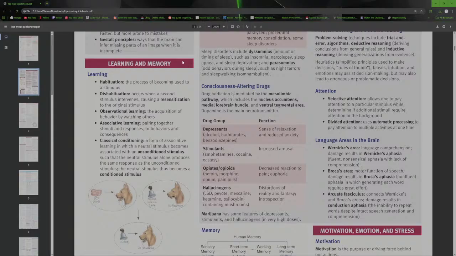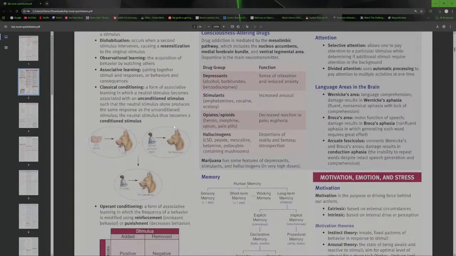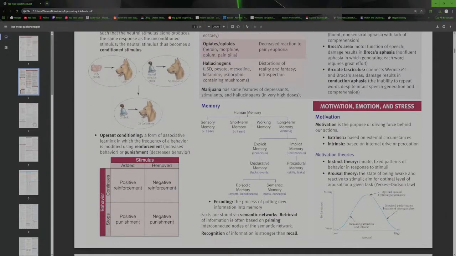However, when Pavlov gave the dog food and then rang the bell, he classically conditioned the dog to start salivating when the bell was rung. All right, that's basically classical conditioning in a brief view.